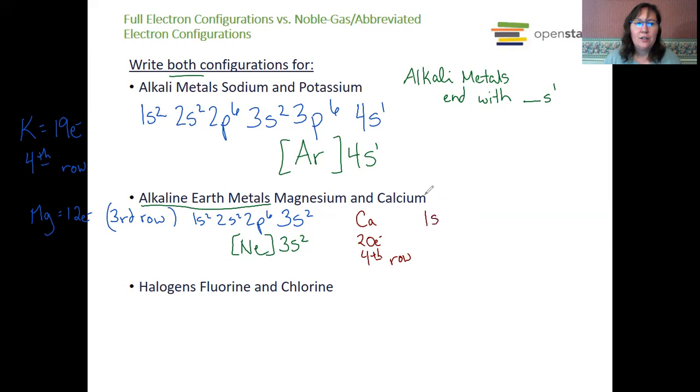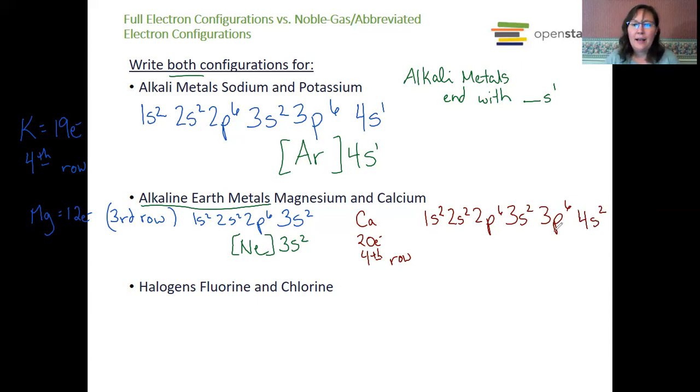I had the 4th row and it was number 19, so I know that 20 electrons is going to look a lot like 19 electrons. So I'll have 1s2, 2s2, 2p6, 3s2, 3p6. And now I have the 2 elements, potassium and calcium, in this row. So I am at 4s2.